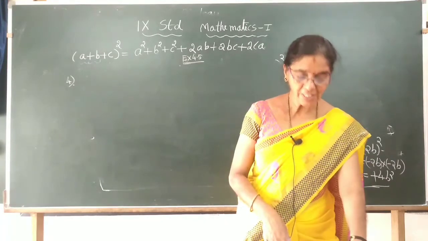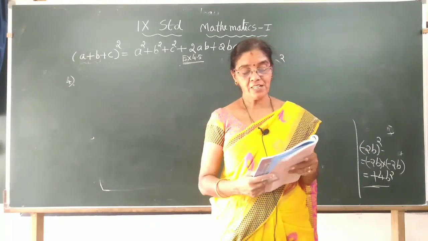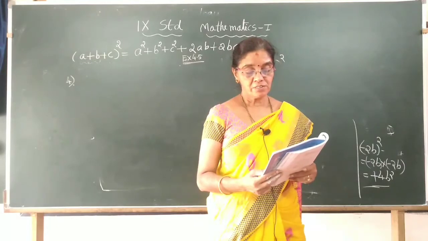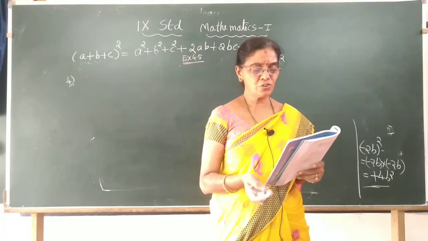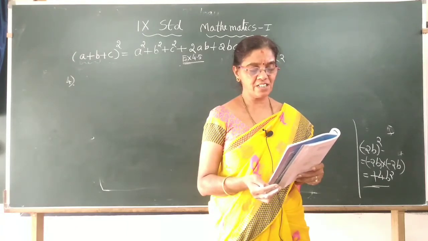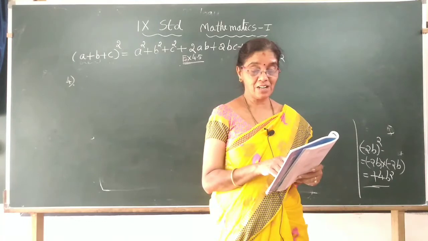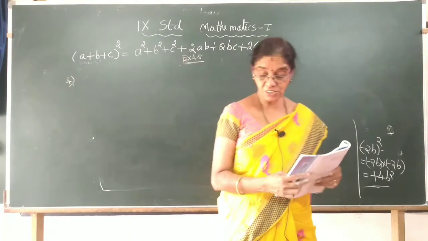There are totally 6 problems in exercise 4.5. In the 4th main problem, I will do the difficult one. You can do the first, second, third, etc. Directly I will now take the last one. If time permits, I will take the 5th one. Last one I will do.